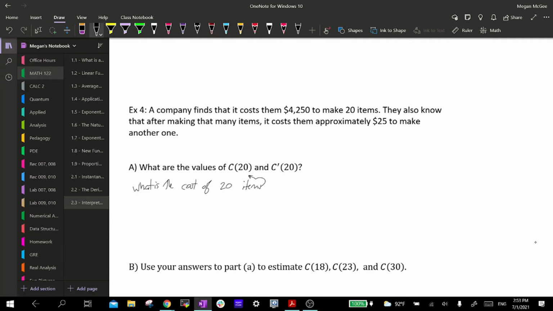And the second one is asking what is the price change at 20 items.